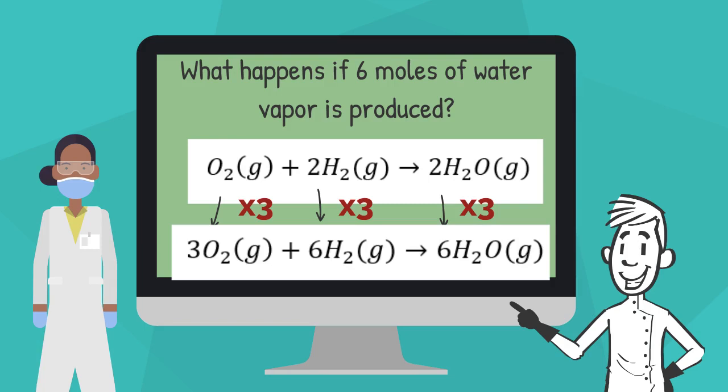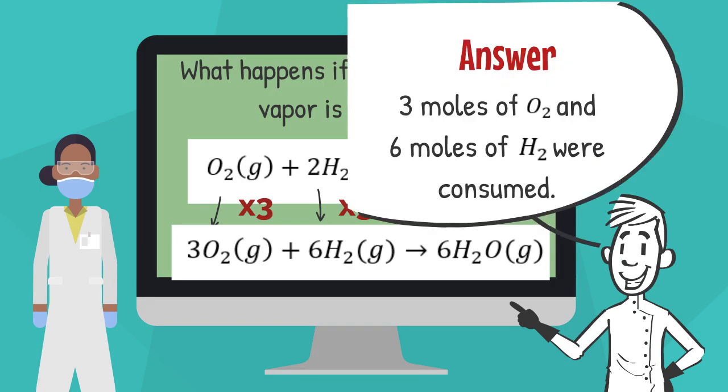But it's triple that, so we can correctly deduce that the amount of reactants was tripled. So we can assume that 3 moles of the oxygen molecule interacted with 6 moles of hydrogen molecules.